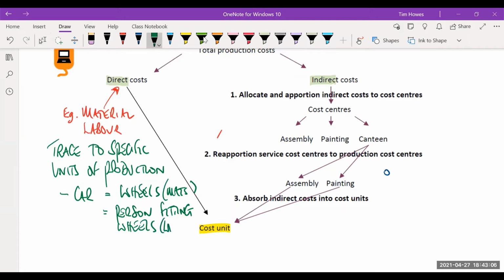And that 15 minutes of their time can be traced directly to each individual car. There might be some other direct costs, but at the end of the day, the 2 things for this syllabus in terms of direct costs are going to be the materials that we can trace and the labour time that we can directly trace to each individual unit.